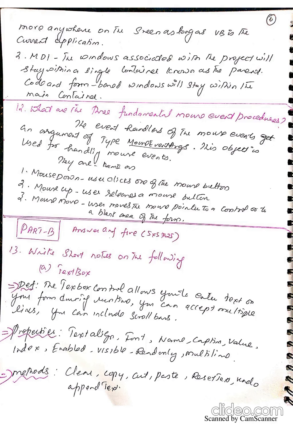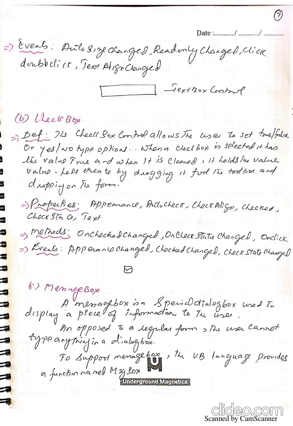Part B question. Answer any 5. Write short notes on the following. Text box. Text box control allows you to enter text at run time. You can accept multiple lines, include scroll bars.